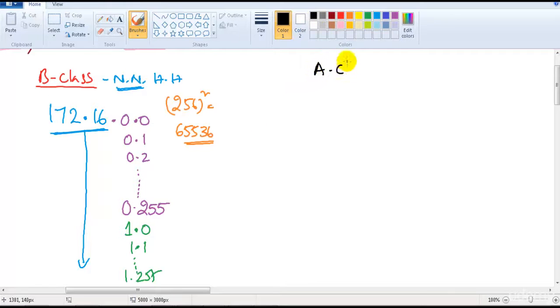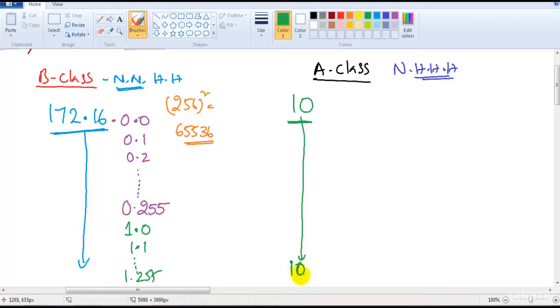If I compare the same thing with the A class network, it has to be more, because in A class there is one network portion and the remaining three are host portions. I can take any one portion, let's say 10, and this 10 has to be the same till the end. We cannot change it, because if you change that particular 10 it becomes a different network.